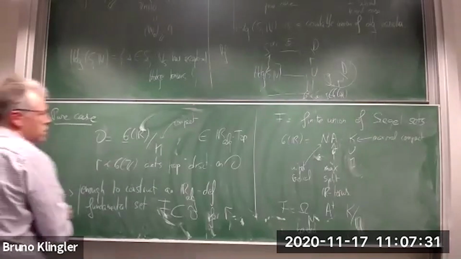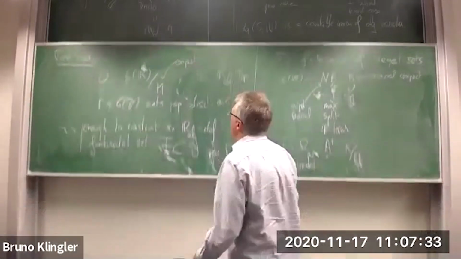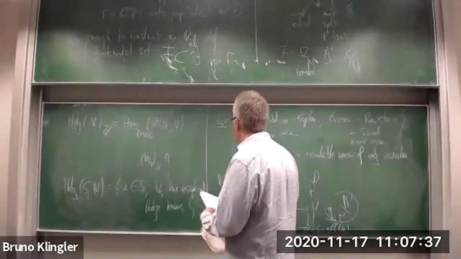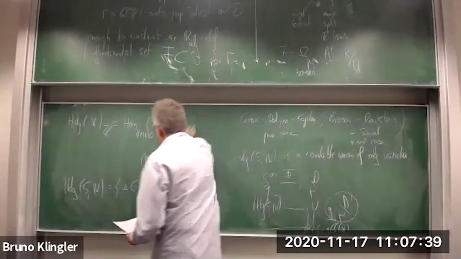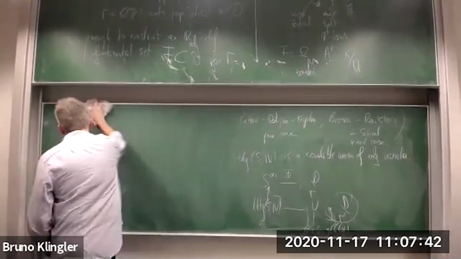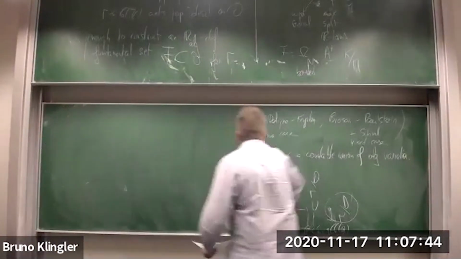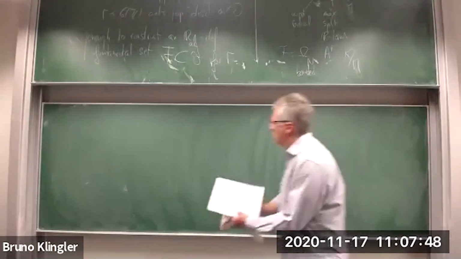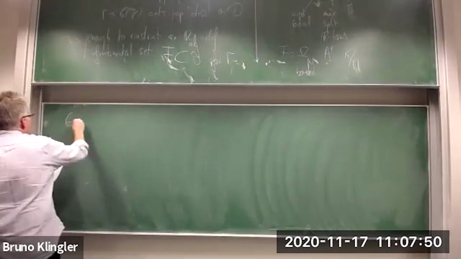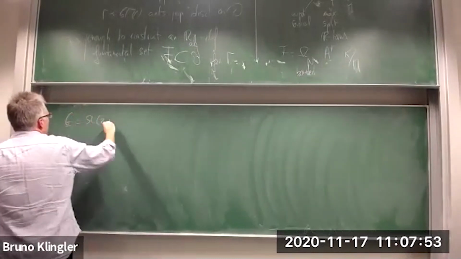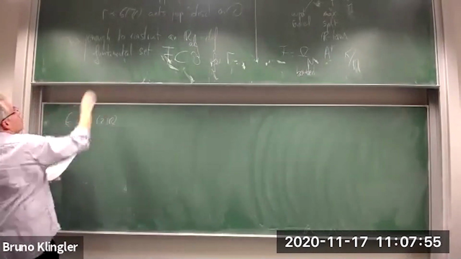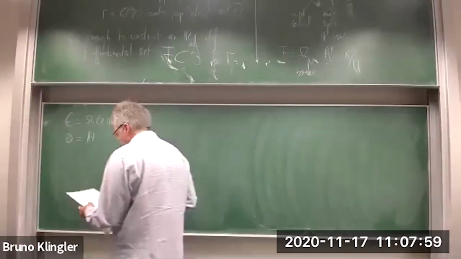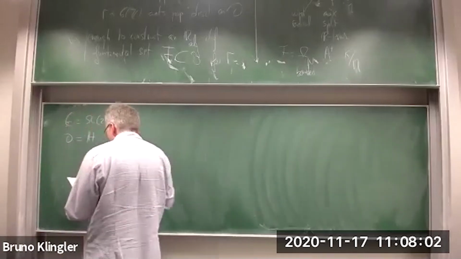So maybe to make things clearer, I use the example of SL2. So if G is equal to SL2(R), then in that case, G will be acting on the Poincaré upper half plane, and G acts transitively on this.